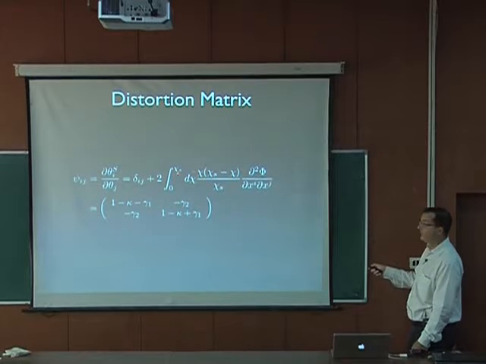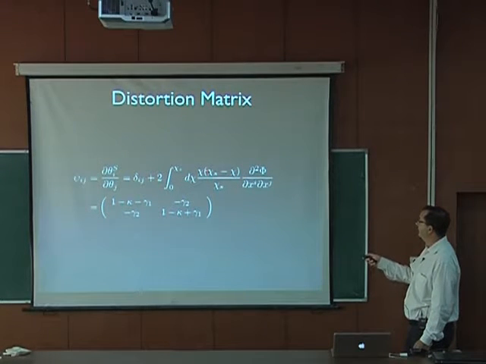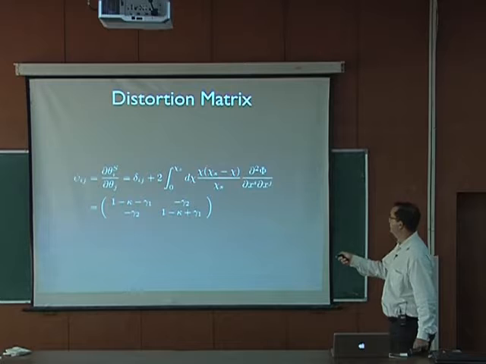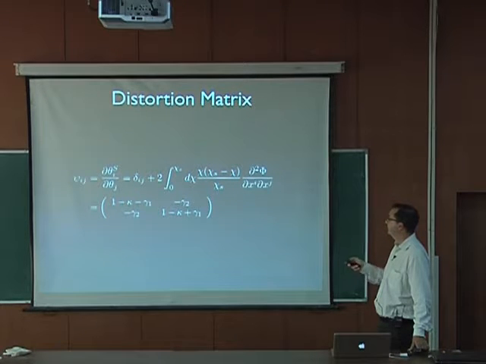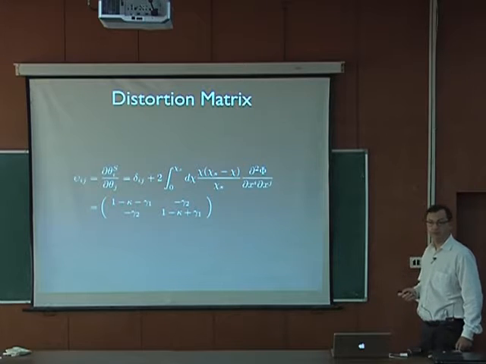And again, here you see these geometrical factors, which are basically the angular diameter distances. And this is in a flat universe. If you did it in general in an open or closed universe, these are basically the angular diameter distances from the observer to the source, observer to the lens, and the lens to the source. These are the ratios of distances that we find in the lensing equation.